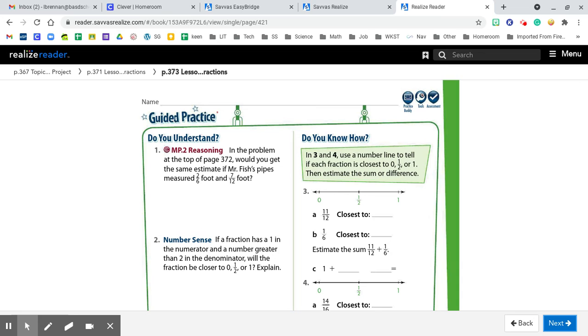In the problem at the top of page 372, would you get the same estimate if Mr. Fish's pipes measured 2/6 of a foot and 7/12?